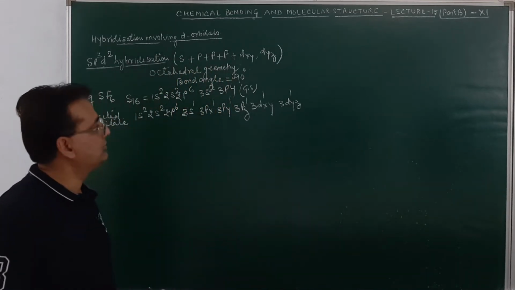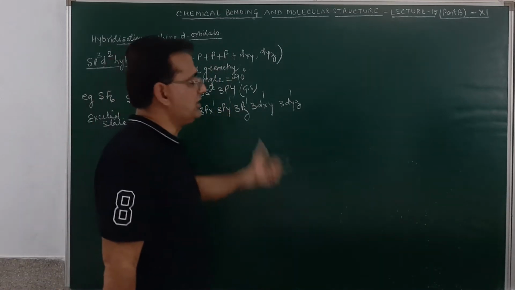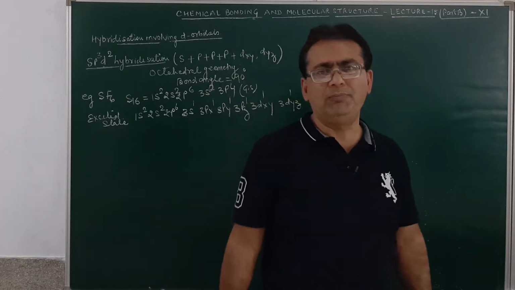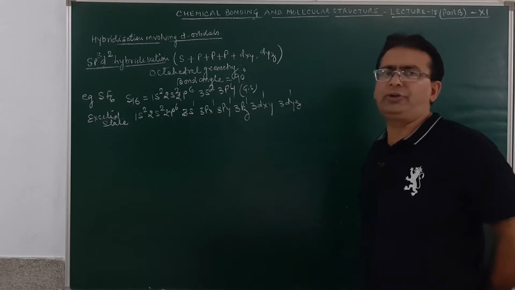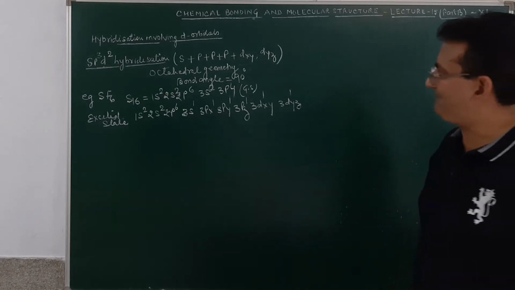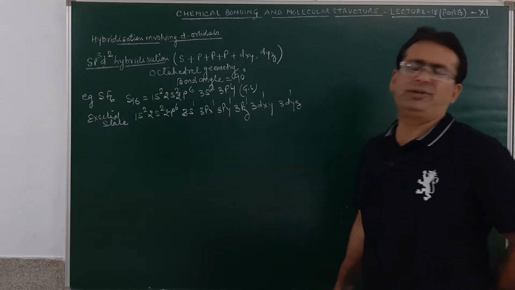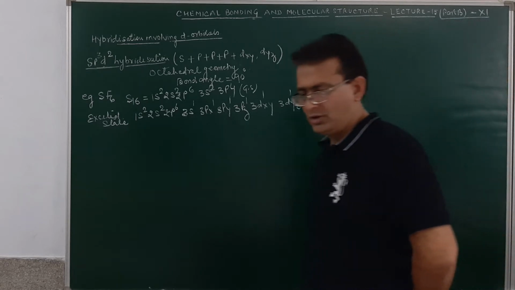Am I clear? This is to be remembered. Which 2 d orbitals will participate? dxy, dyz. Students, in the books, you won't find the configuration written in this manner. I am specifying it again and again because this is a very, very important question.